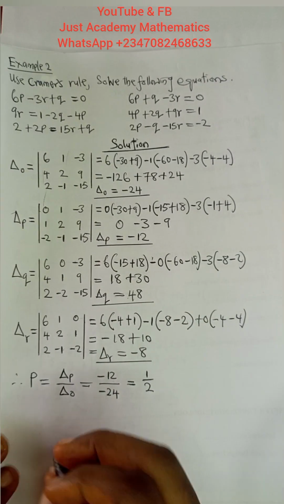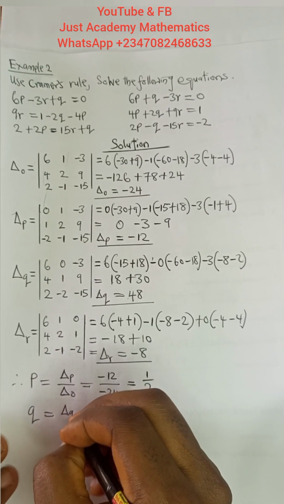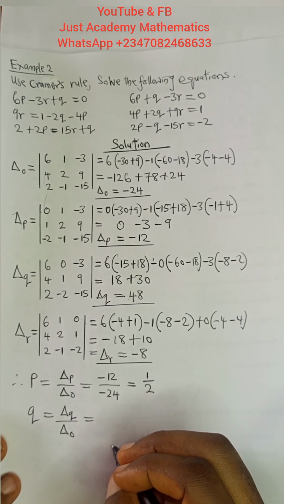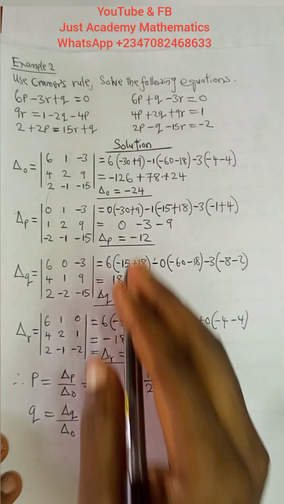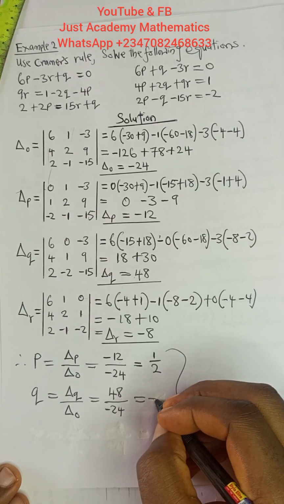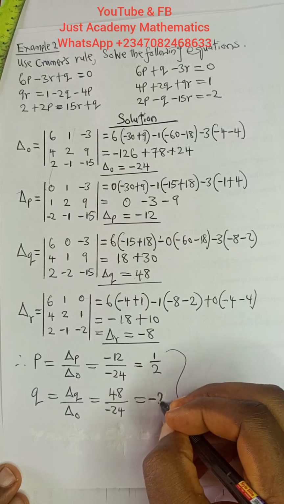So P is 1 over 2. While Q is equal to change in Q over change in 0. Very interesting. What is change in Q? 48 over change in 0. Change in 0 is what? Minus 24. So we have minus 2, negative 2.